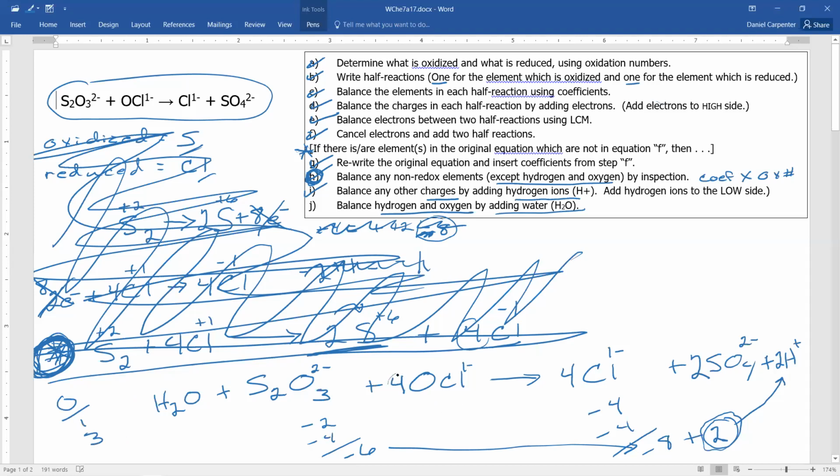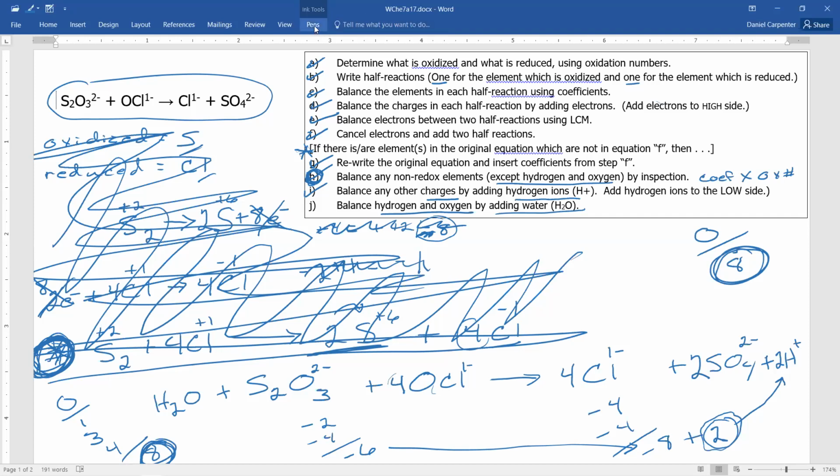And 4 times 1 is 4 oxygens, for a total of 8 oxygens on the left side. Now we'll add up the right side. Here we have none. Here we have 2 times 4 is 8 and none. So 8 oxygens on the right, 8 oxygens on the left. They match. We did it right.